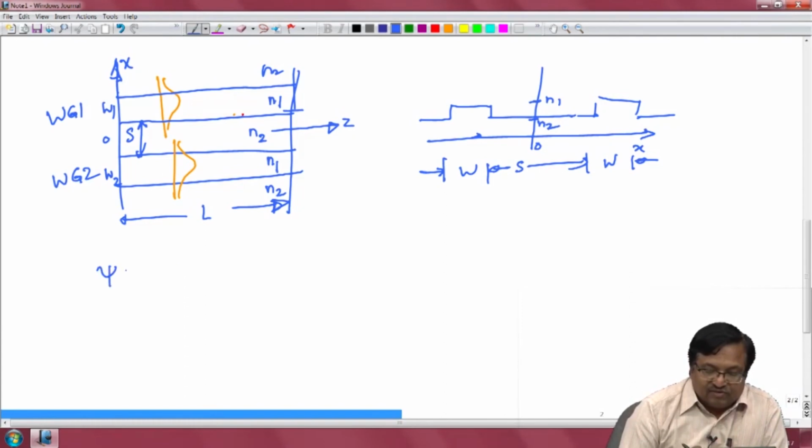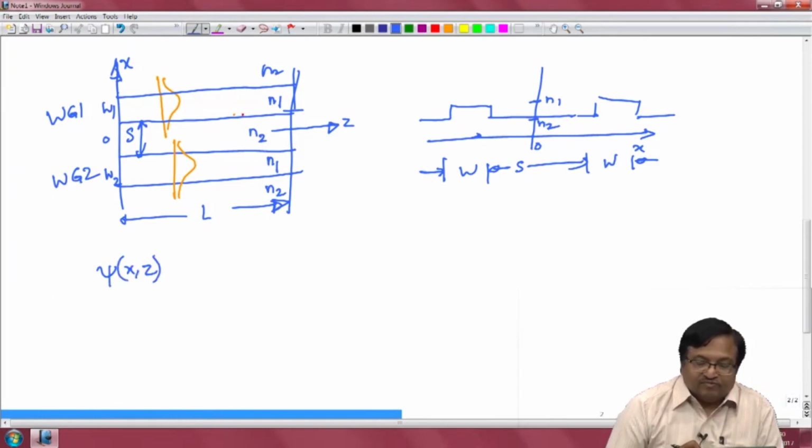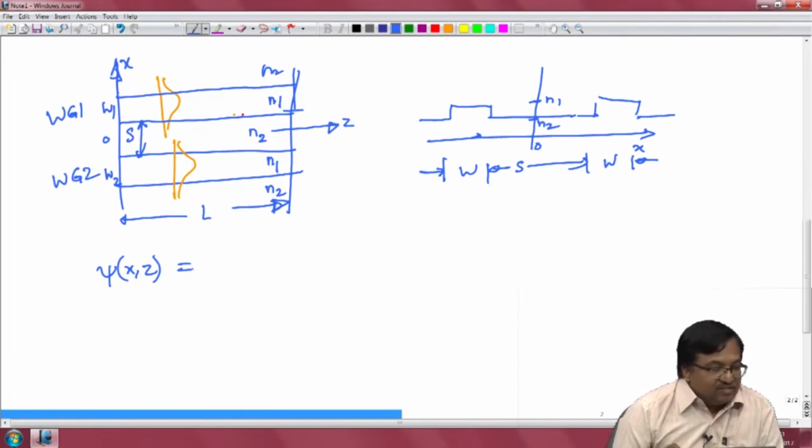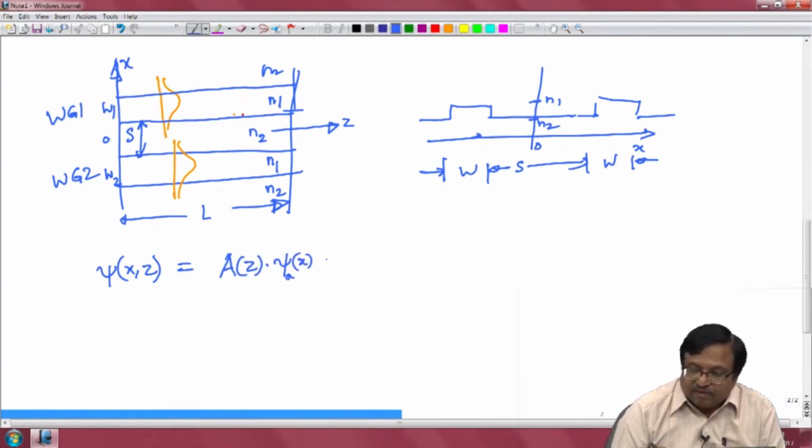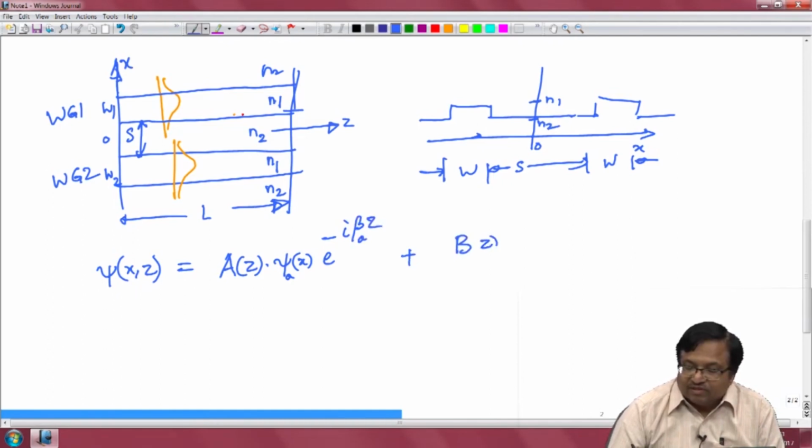Let us say psi of x comma z is the field that we are trying to evaluate, and this is expressed as a linear combination as follows: a of z into psi a of x into e power minus i beta a z, plus b of z into psi b of x into e power minus i beta b z.